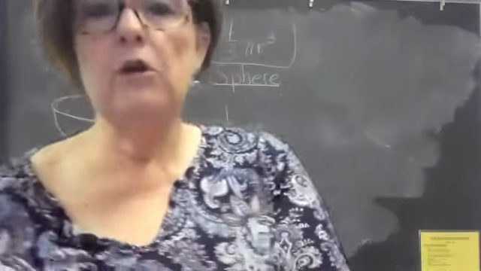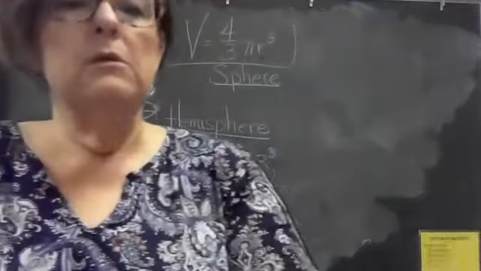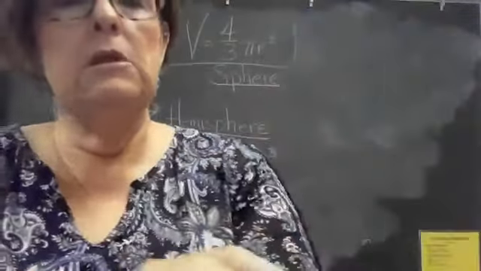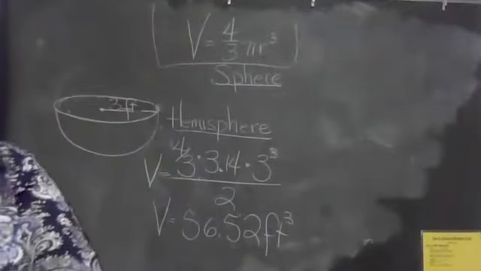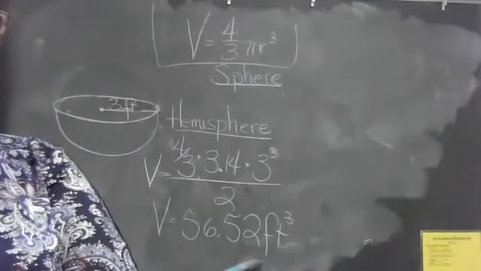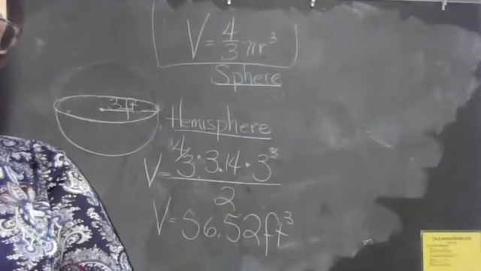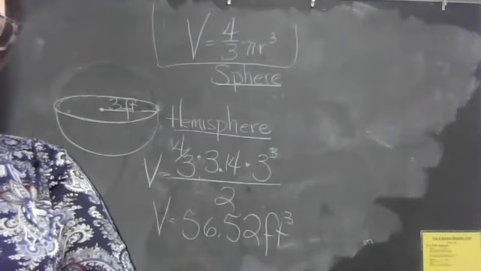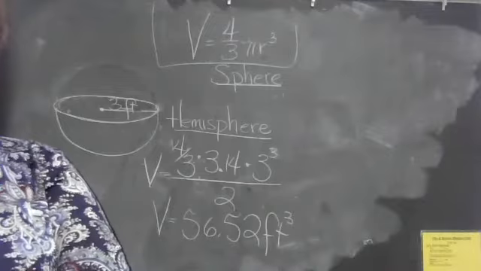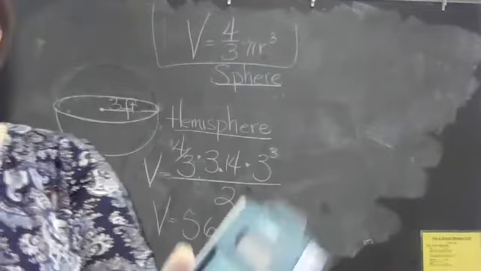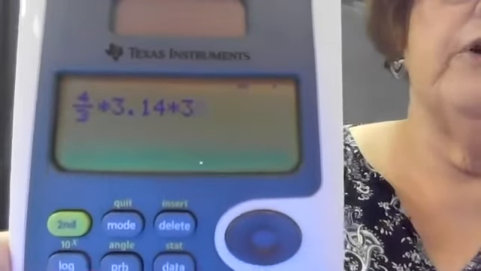I'm going to put it on here all the way to the cubed because it's hard for me to punch it and do this, okay? So I'm going to do the 4/3, and you said you're okay with the 4/3, right? Yes. Times 3.14 times, now I'm going to put the big 3 there. All right. So this is what I have on the screen so far.